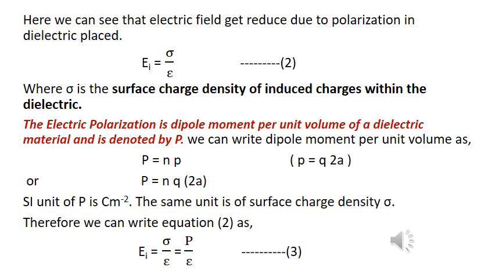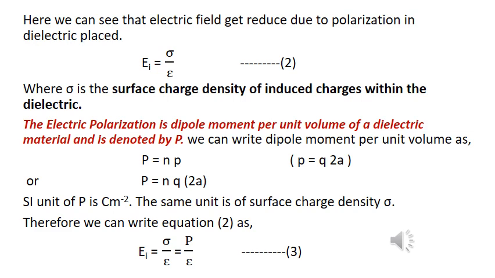Here we can see from equation number 1 that the electric field gets reduced due to polarization occurring in the dielectric by placing it in an external electric field. And you also know the expression E is equal to sigma by epsilon, which you have studied in previous lectures.